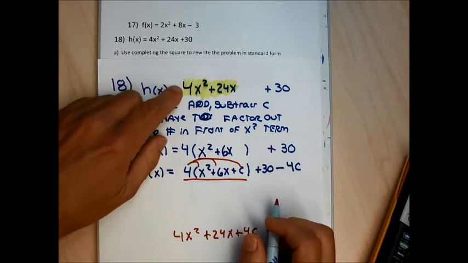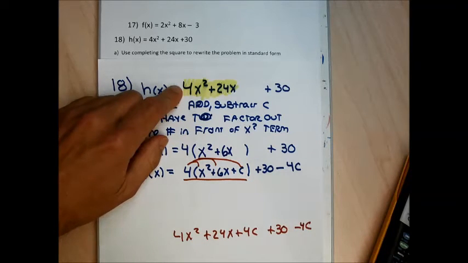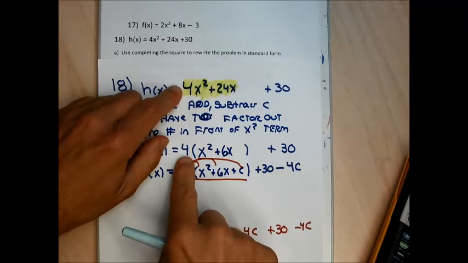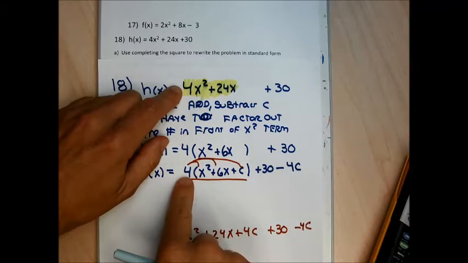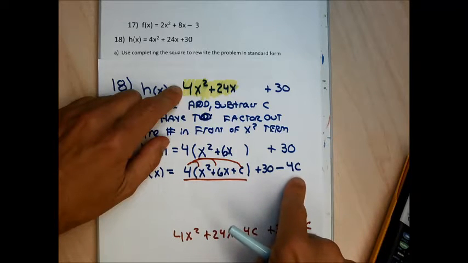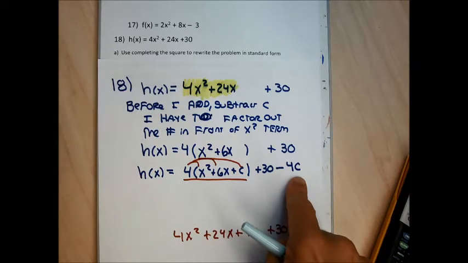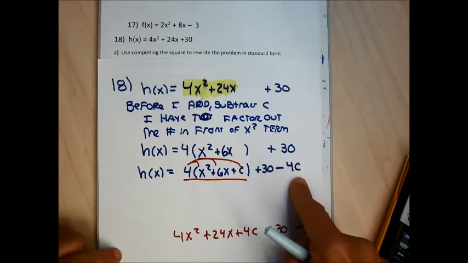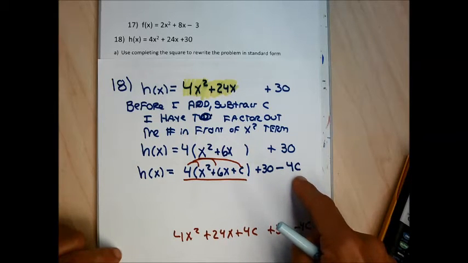So if there's a number in front of the x squared, two issues happen. First, I need to factor that number out as a GCF from the x terms. And when I'm subtracting, that number needs to go in front of the c.